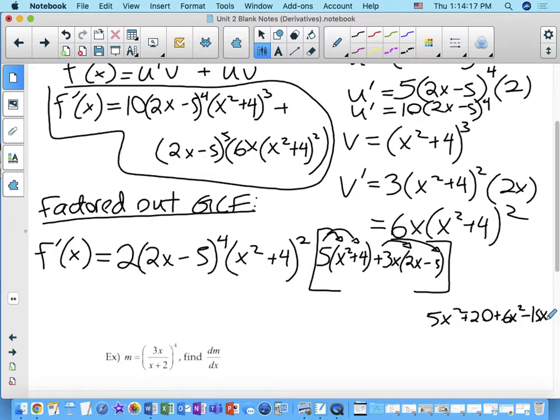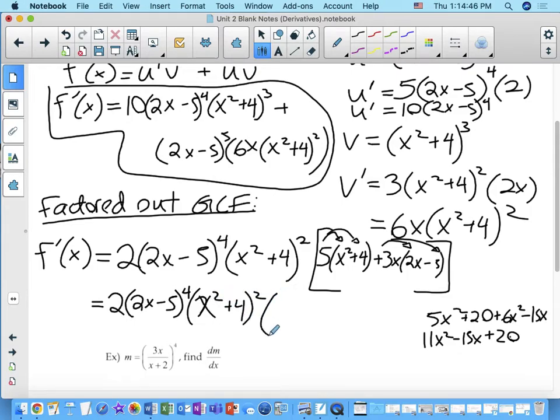I think so. Minus 15x, yes. So we're going to have 11x squared minus 15x plus 20. Okay, so this whole thing becomes, in factored form, 2 times 2x minus 5 to the 4 times x squared plus 4 squared times 11x squared minus 15x plus 20. There you have it.